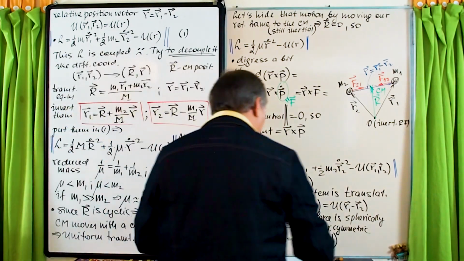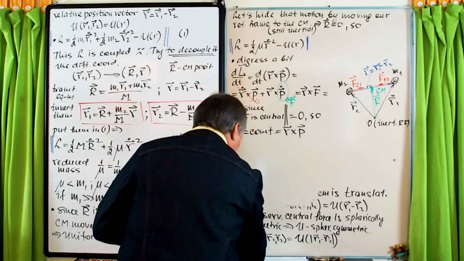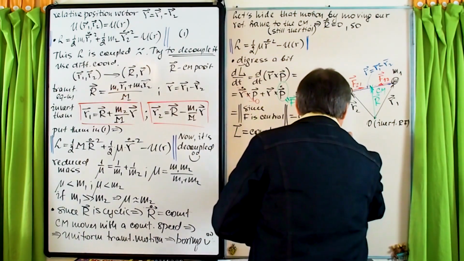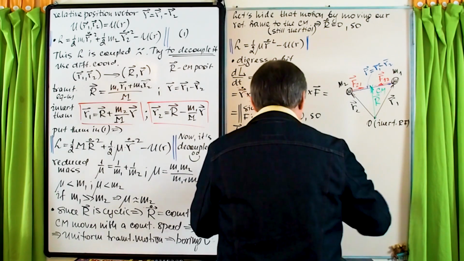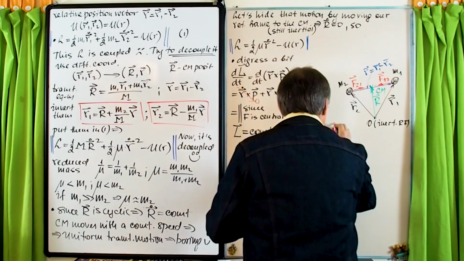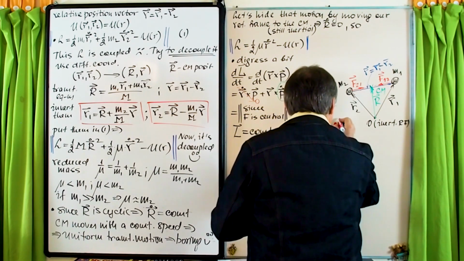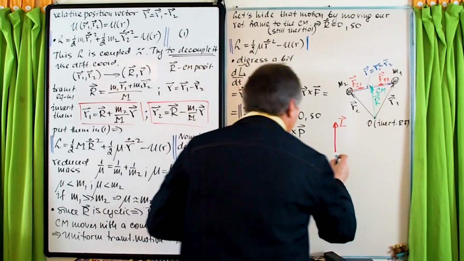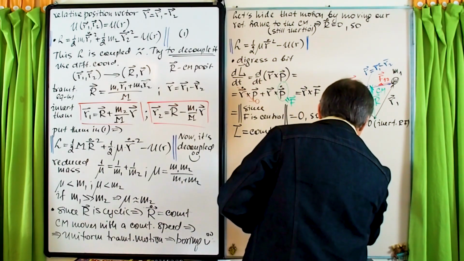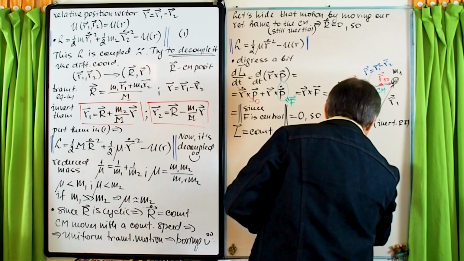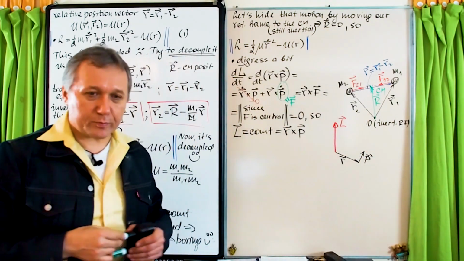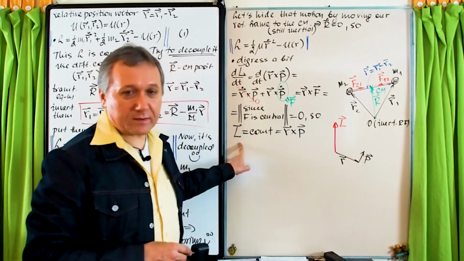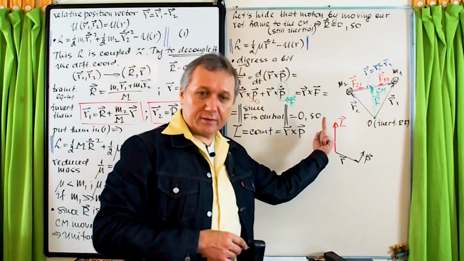So now if I draw something like this, let's say this is my L, which I'm examining. It's a cross product of R and P. So let's say this is R and that is P. The cross product of these two vectors must give us a constant vector pointing that way.